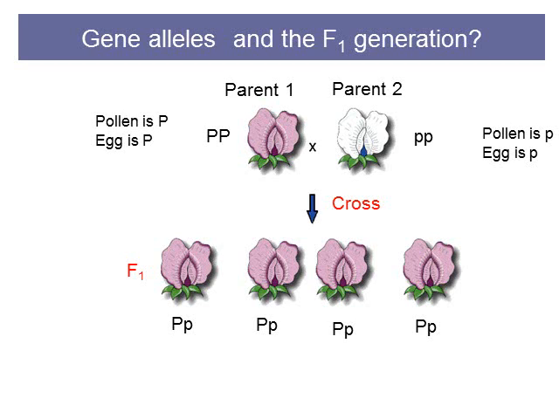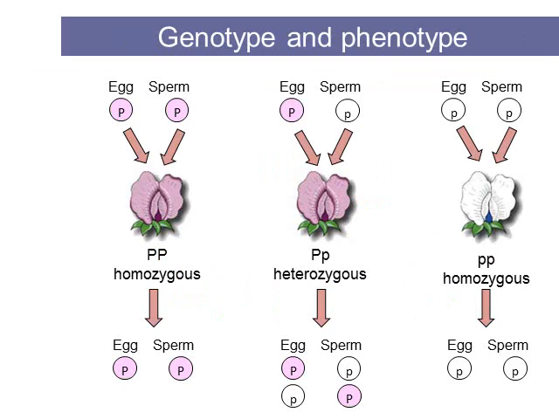Okay, so let's look at this again. If you put a purple from the mom and a purple from the dad, you will get a purple plant, and that is a big P, a homozygous dominant plant. It will only put out big P eggs and big P sperm.